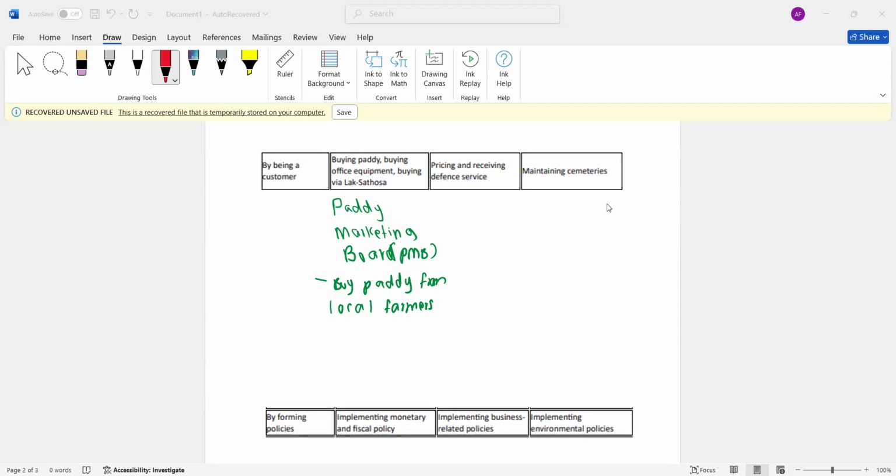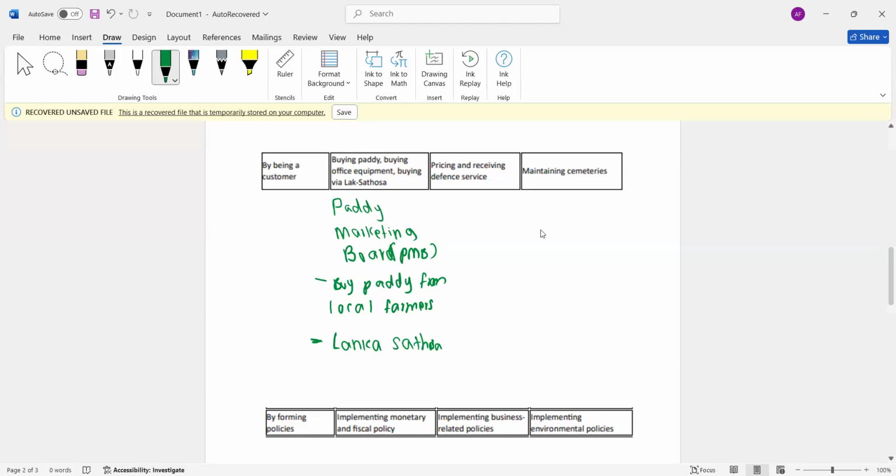They buy products from suppliers, and then they give them at an affordable price to the people, right? So we can write Lanka Satosa as one example. It's coming under this.